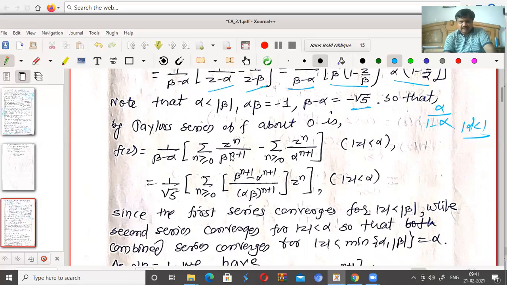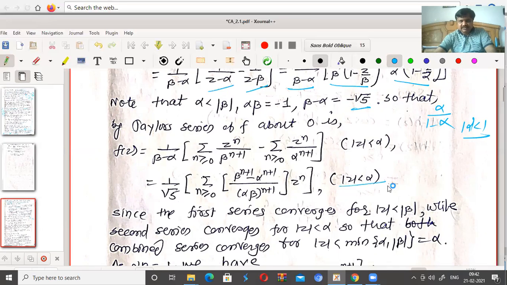So we are getting 1 upon beta to the power n plus 1 minus 1 upon alpha to the power n plus 1, isn't it? That is alpha to the power n plus 1 minus beta to the power n plus 1 upon alpha into beta to the power n plus 1, that we have taken. And beta minus alpha is minus of root 5. That minus of root 5 is replaced by the minus sign, z raised to n. So 1 upon root 5 into this one, mod z less than alpha.